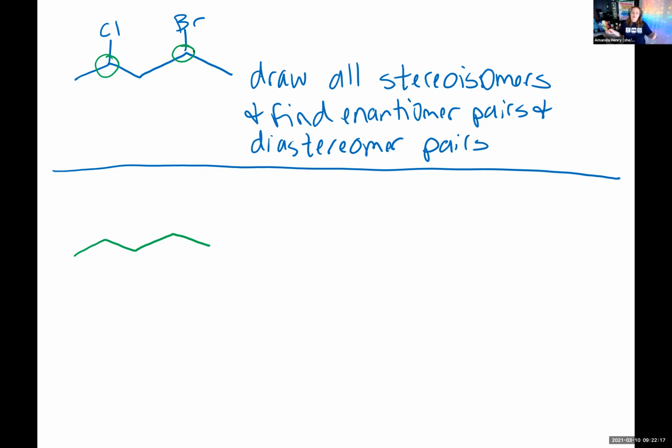When we want to draw them as stereoisomers, we have to draw dashes and wedges because now we're indicating a specific version of this molecule. So we just treat this as a logic problem, or even a statistics problem. We start by saying, okay, they could both be wedges.